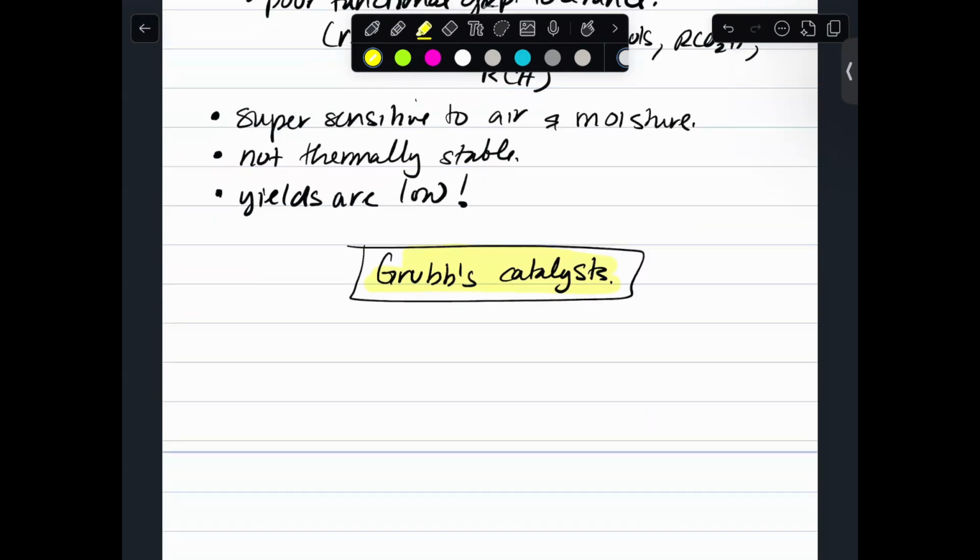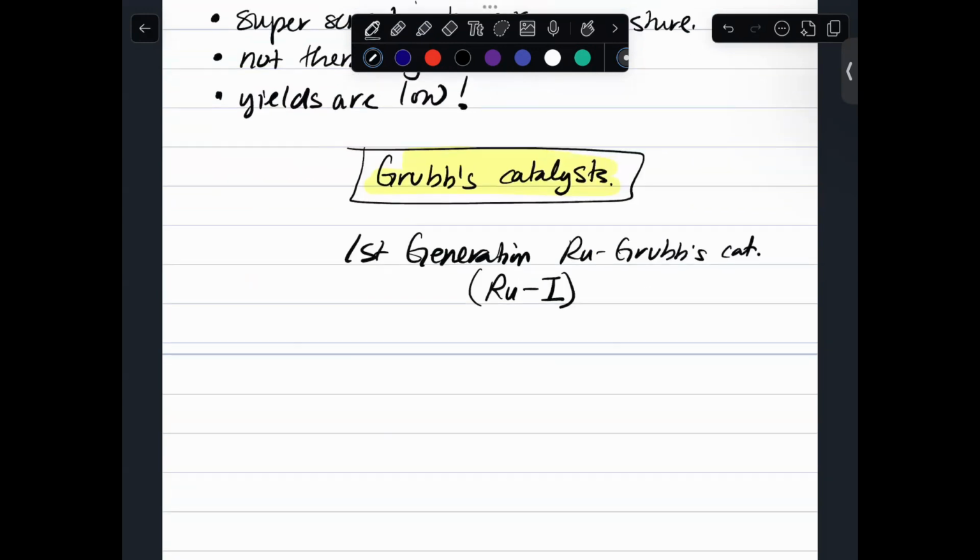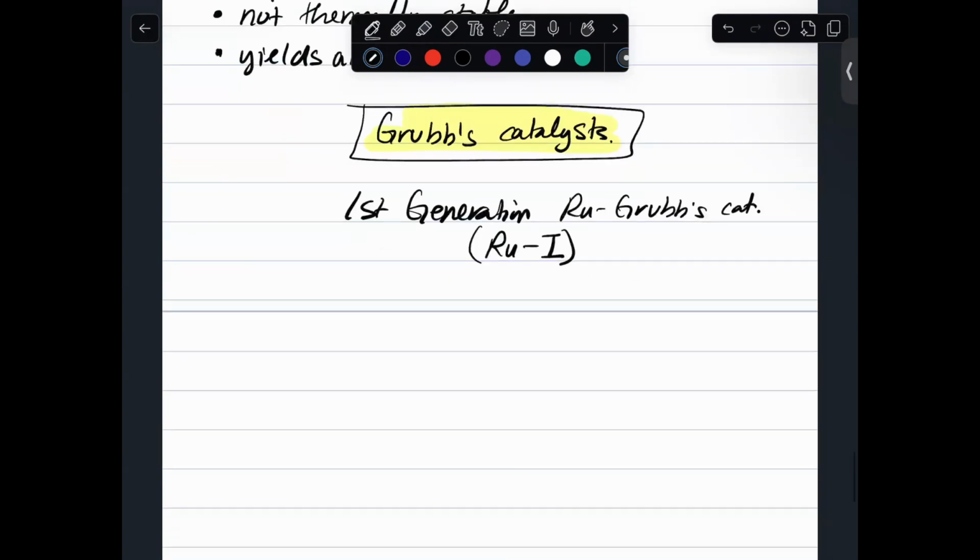And it's known as the first generation ruthenium Grubbs catalyst, also known as RU1. You've seen it before. It was given to you, I think, on a problem set where you had to figure out the total electron count.